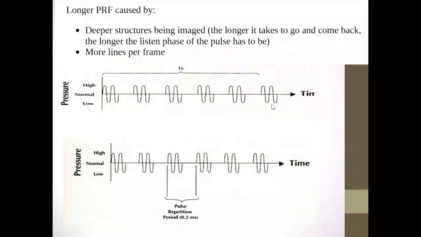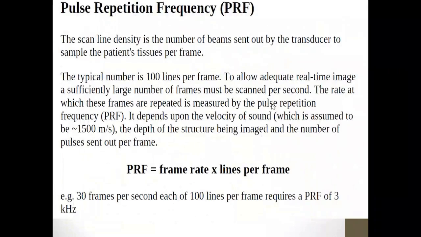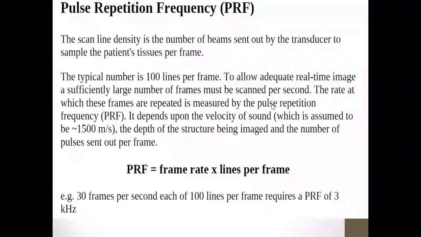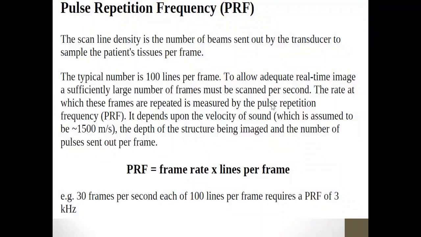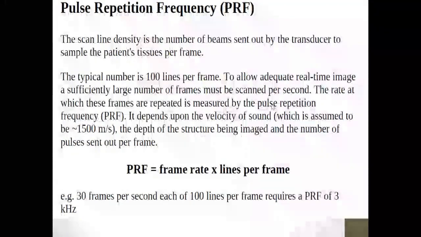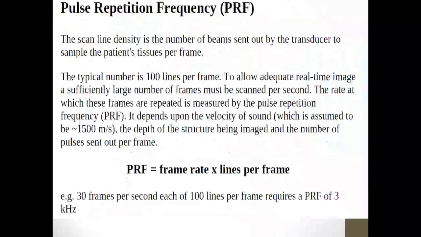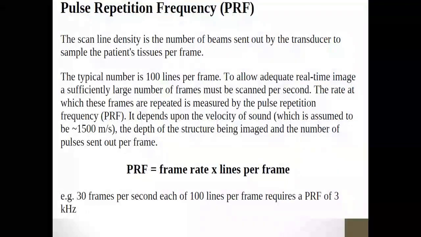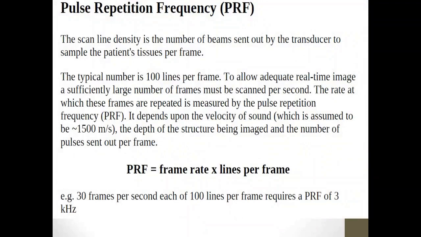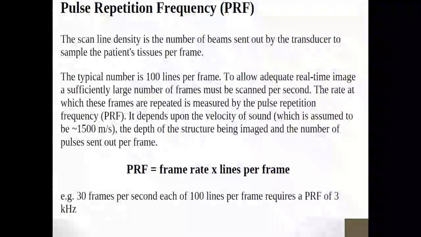This depends on two things: the frame rate, which is how many frames per second you have, and the number of lines present per frame. If you have a frame rate of 30 frames per second and each frame has 100 lines, then multiplying the two will give you 3 kilohertz for the pulse repetition frequency.